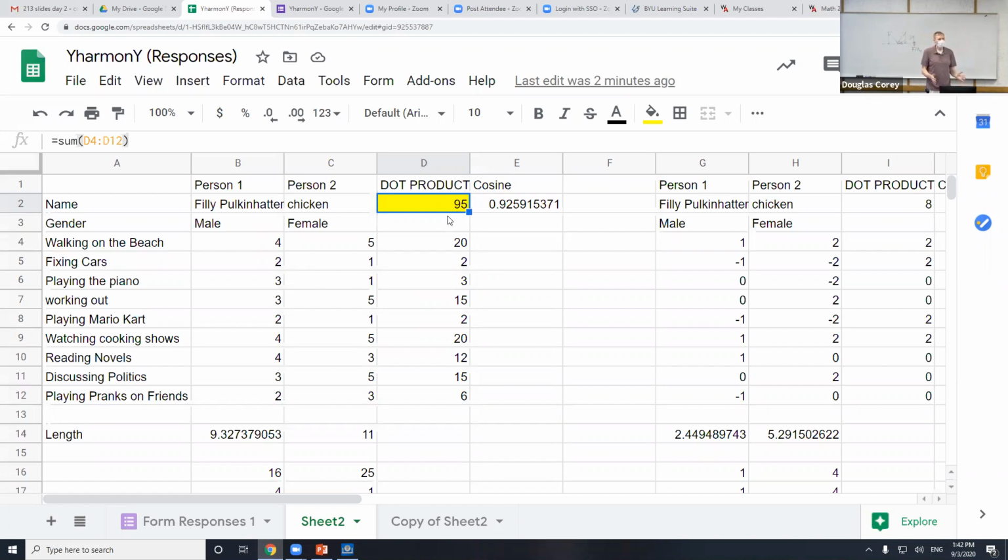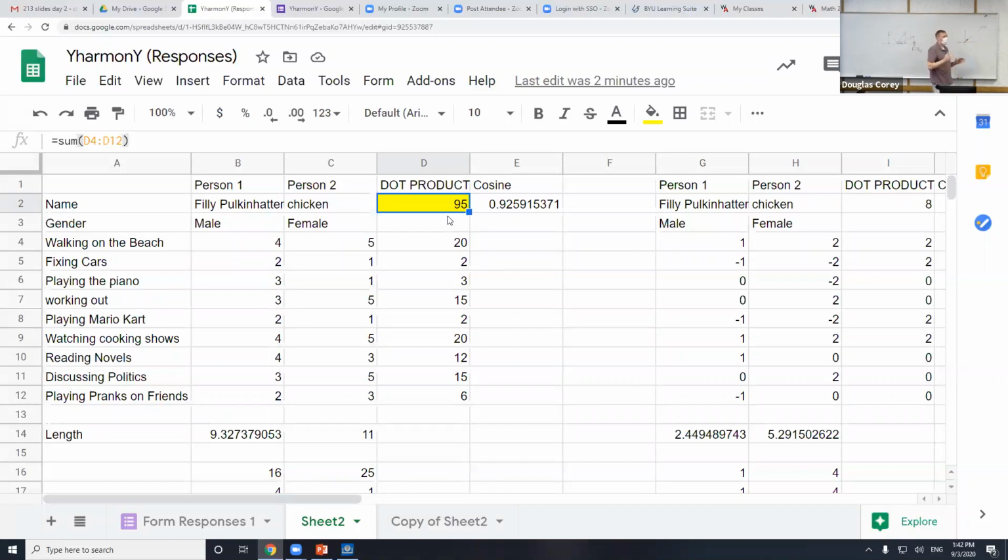But what happens if I make them unit vectors and I take the dot product? They're pointing in the same direction. One's just longer than the other one, right? If you think of 1, 1 and 5, 5, if I make them unit vectors, they're both down to about here. They look like they're the same.